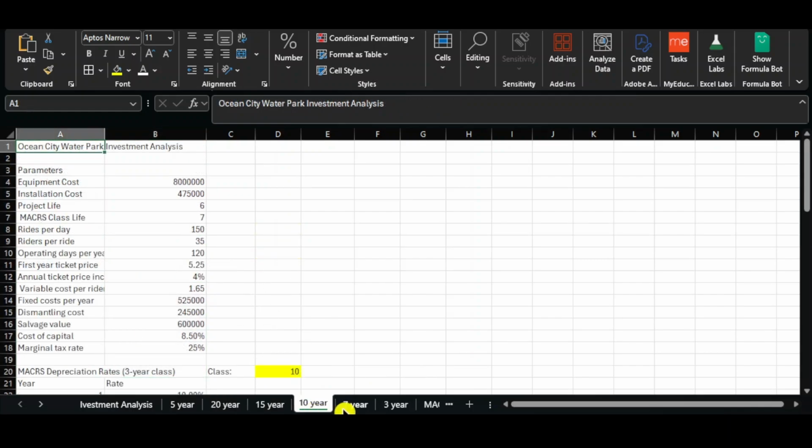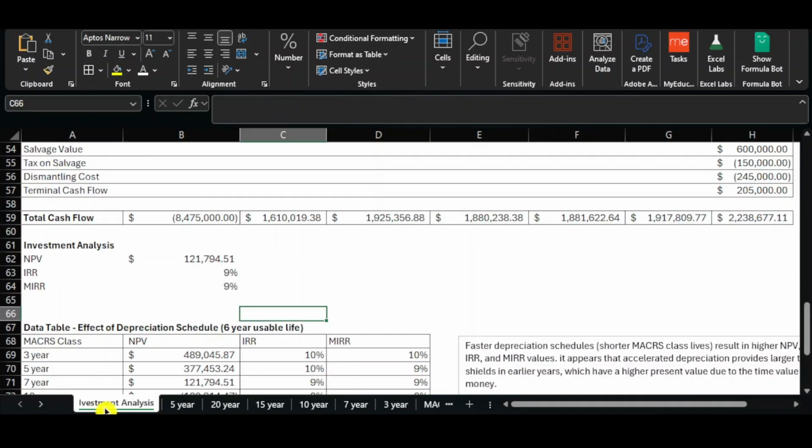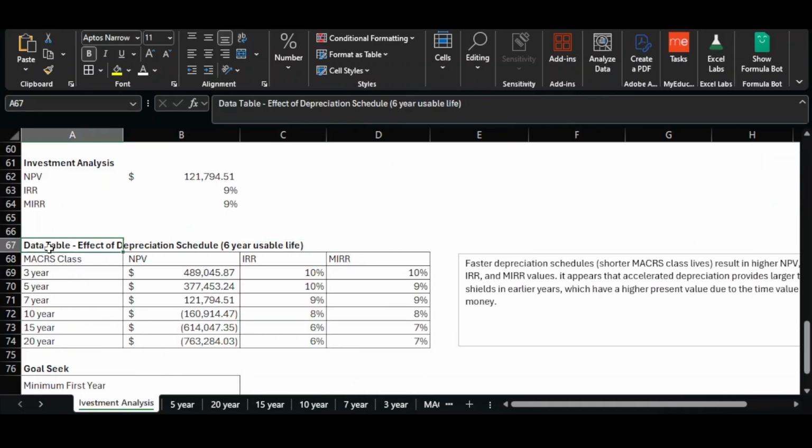There you go. That's how I created them. They play an important role in creating the data table effect of depreciation of the asset for the 6 years.